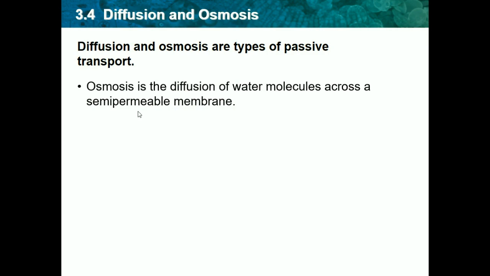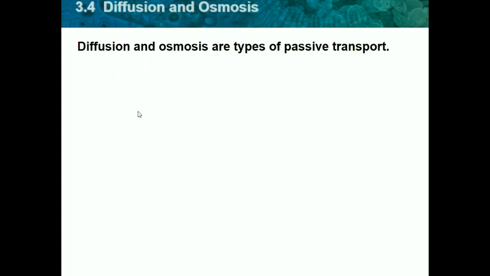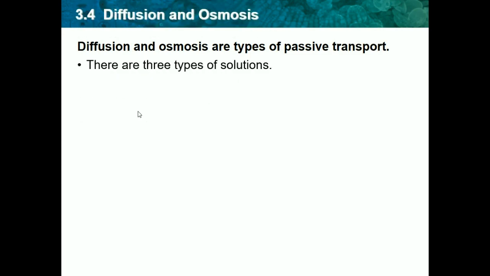So osmosis can go from high to low or low to high, because water is special and it moves across the semi-permeable membrane, which is the cell membrane, and the cell membrane allows water to flow freely most of the time. Water can go in and out way easier than other molecules. That's why it has its own name, osmosis. And it always has to be a semi-permeable membrane.